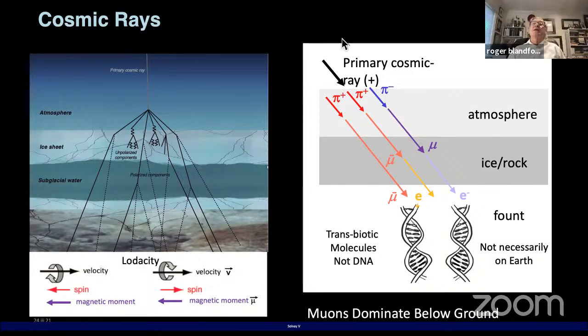These pions very quickly decay into particles that we now call muons, and they can be positively and negatively charged. By the time you get to the ground on Earth, the majority of the particles that survive are in fact these muons, not the pions or the original cosmic ray protons, although a few get through, but very few.